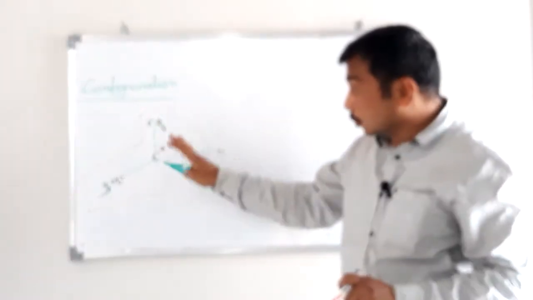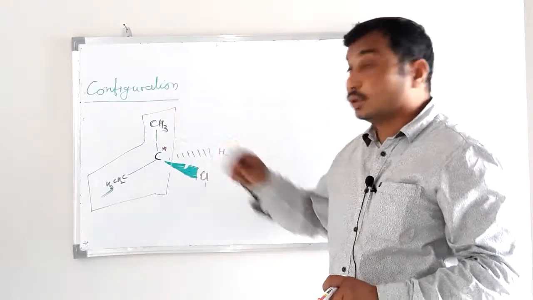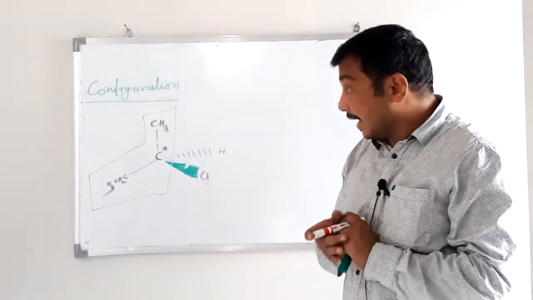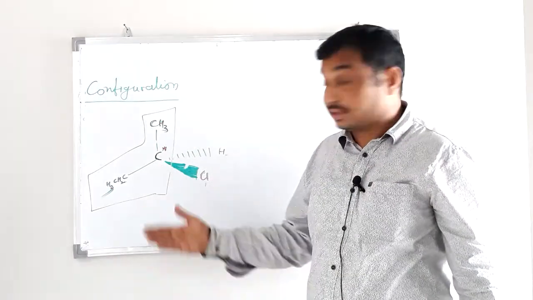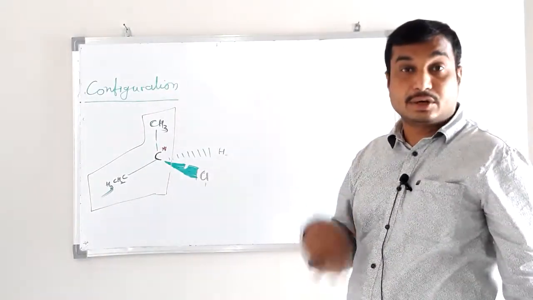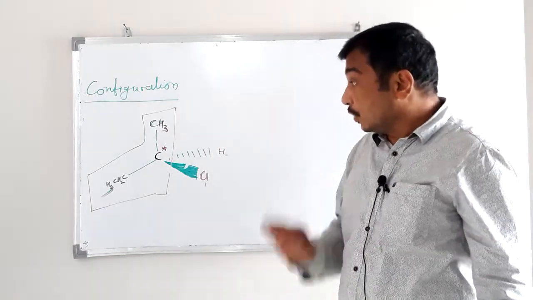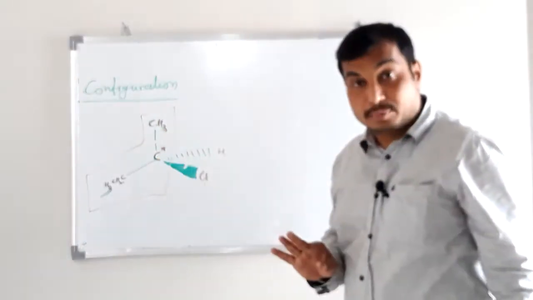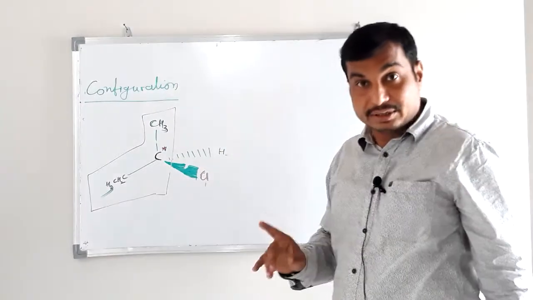This is 2-chlorobutane, and for this 2-chlorobutane we have knowledge of all the groups attached to this carbon, their location, meaning orientation. Which group is present on the front side? Chlorine. Which group is present on the back side? Hydrogen. Which group is present in the plane? Methyl group and ethyl group.